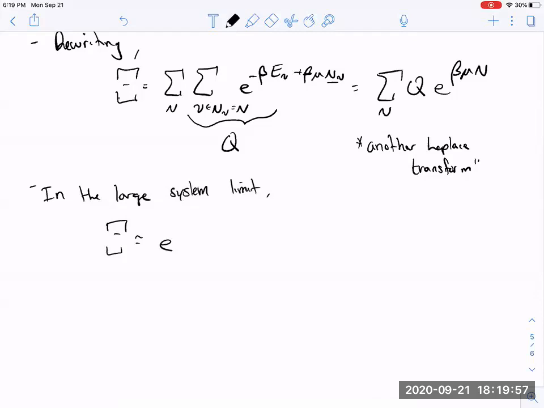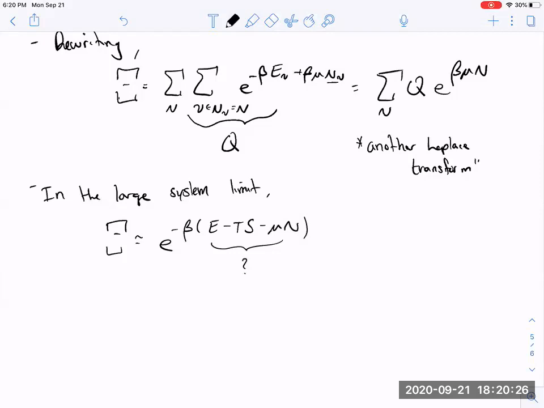We would find that that partition function can be approximated by that most likely energy less Ts. That's the canonical partition function, with an additional factor of mu and that most likely number of particles. So E minus Ts minus mu N. What is this?